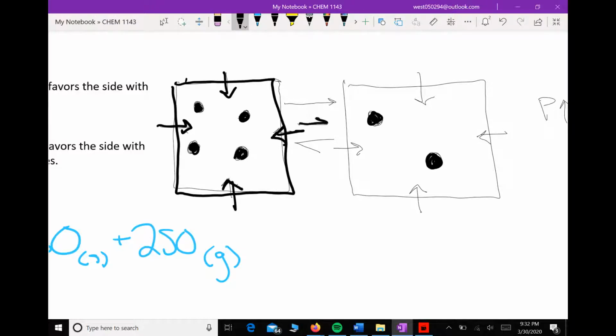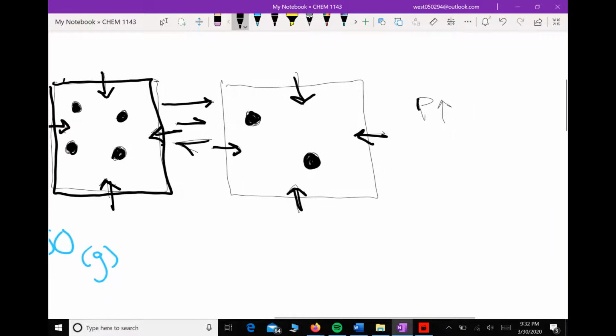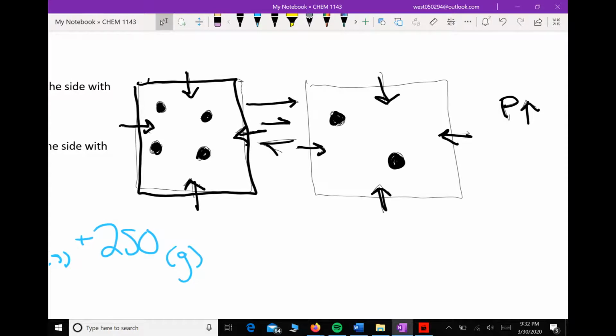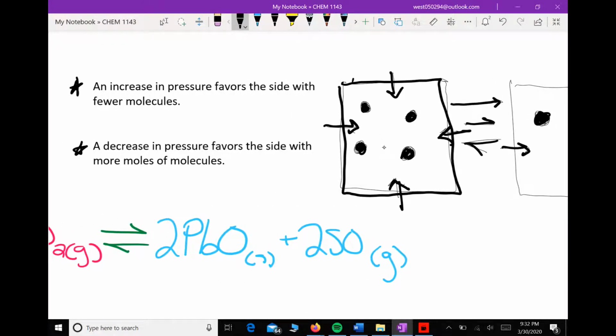LeChatelier's principle says that the jar with fewer molecules of gas is better able to counteract that increase in pressure. So an increase in pressure is counteracted by fewer molecules of gas, and a decrease in pressure is best counteracted with more molecules of gas.